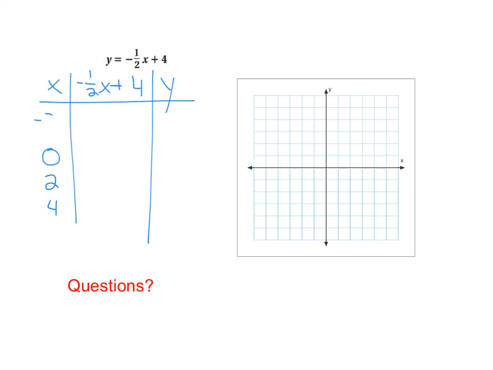And then I'm going to throw a negative in there. What about half of negative 2? We can do that pretty easy, right? Notice my denominator was 2, and I chose even numbers so that that would cancel. So I want you to plug these values in, plug them into this equation, see what you get for y. Graph it, then turn the video back on, and let's see how you did.